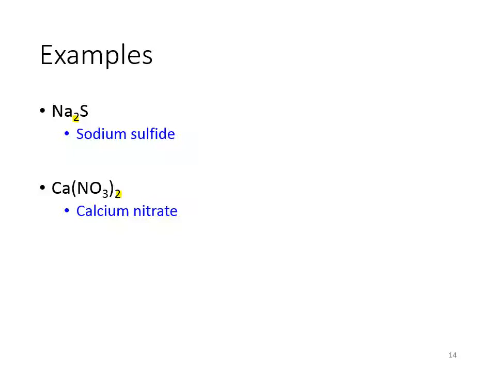Similarly, in the calcium nitrate, calcium ion is a +2, nitrate ion is a -1. So the 2 after the parentheses tells us that in order to balance out the 2 positive charges in the calcium, we needed 2 units of the nitrate. Now notice I have to use the parentheses because without the parentheses, this would look like CaNO32, indicating 32 oxygens.